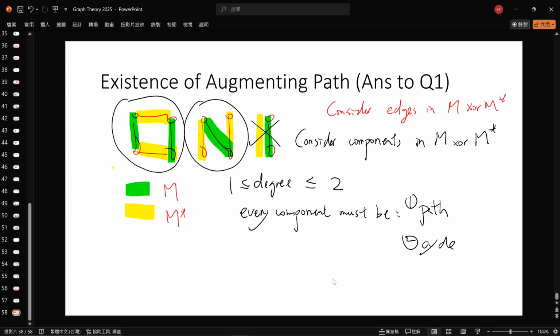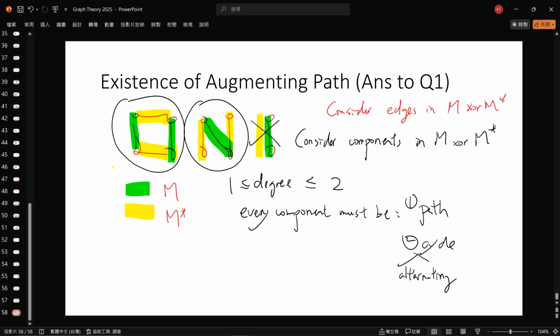And if it is a cycle, then I think it's easy to see that it must be an alternating cycle, right? This means that if we consider the edges on a cycle, then it alternates between edges in M and edges in M star. Okay? And if this is an alternating cycle, then the number of yellow edges and the number of green edges on the cycle must be the same, okay?